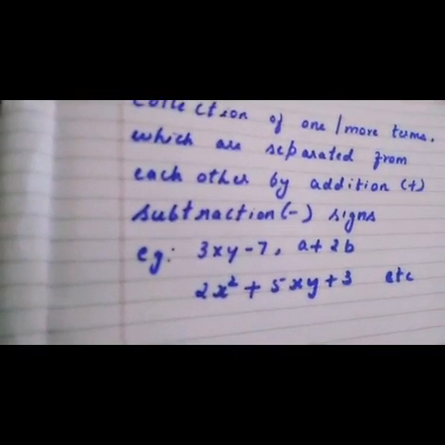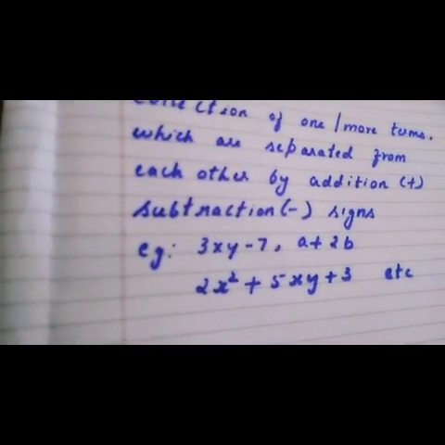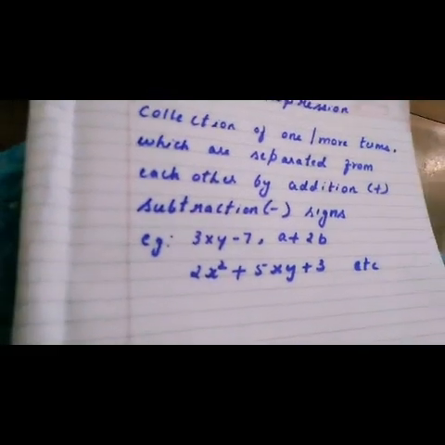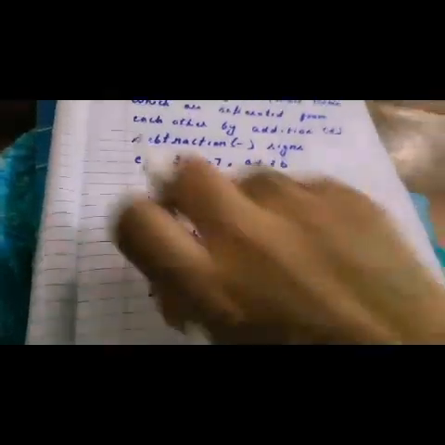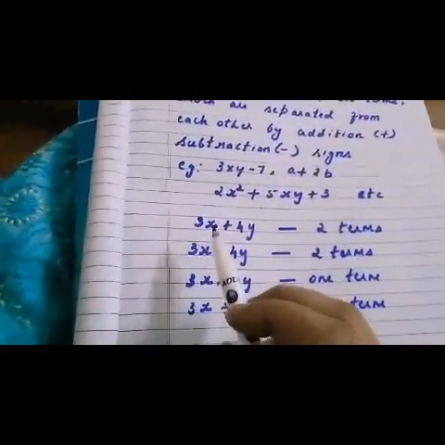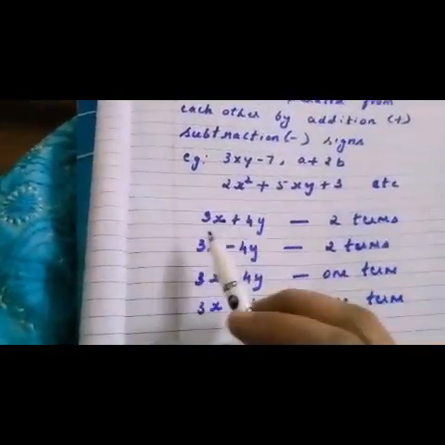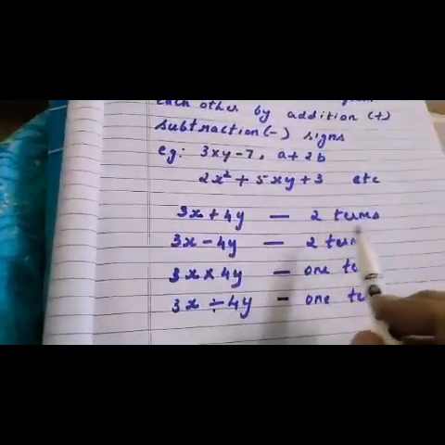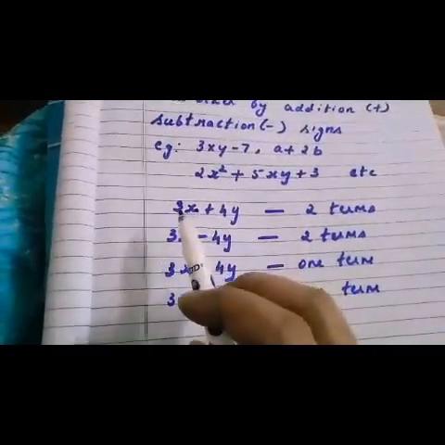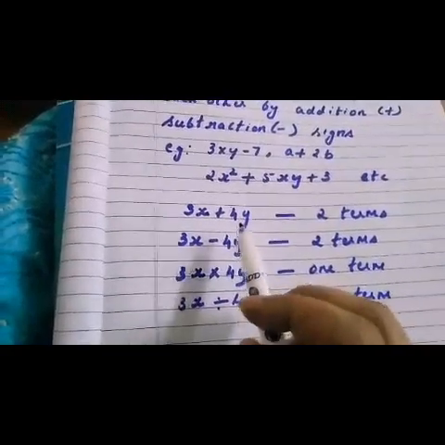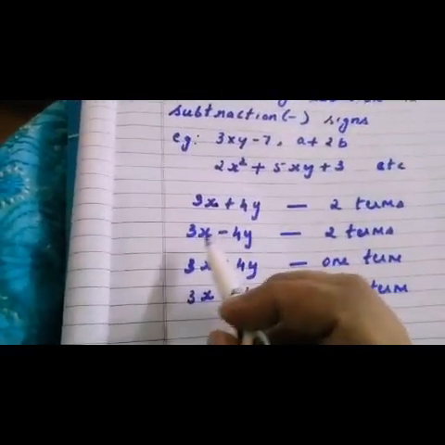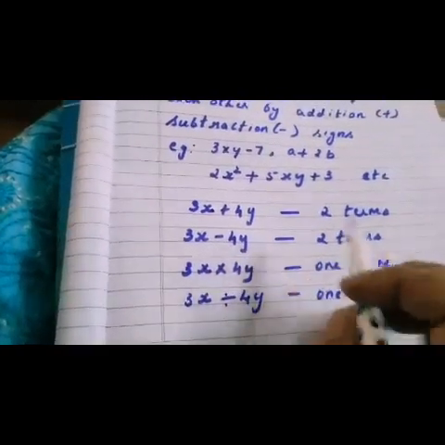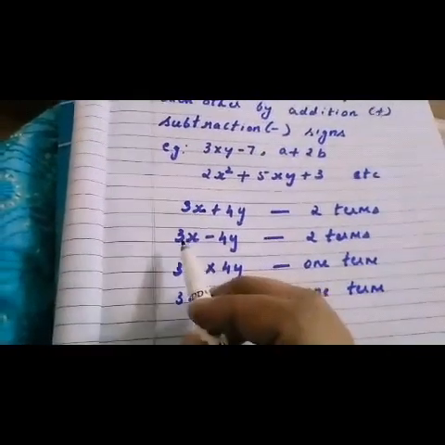Now there's a catch here which you need to remember. If I take the expression 3x plus 4y, this expression has two terms: 3x is one term, 4y is another term. Likewise, if I take 3x minus 4y, there are two terms again, 3x and 4y.